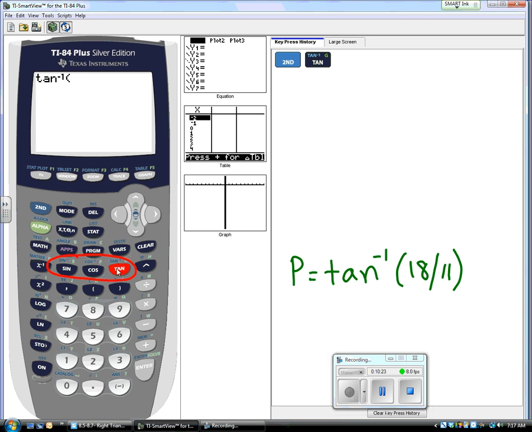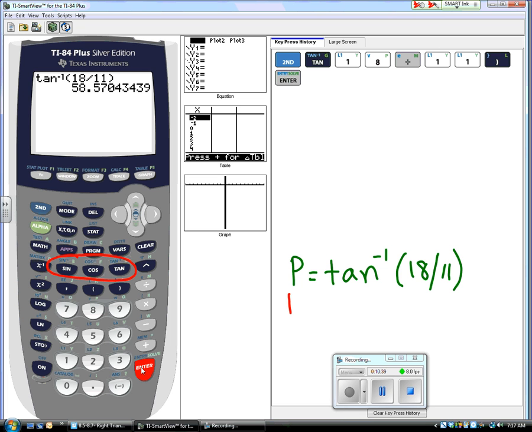That does not mean 1 over tangent. It means how I find the angle. Type in 18 divided by 11, close the parentheses, press enter. That gets me 58.57 in terms of degrees. So angle P is 58.57.